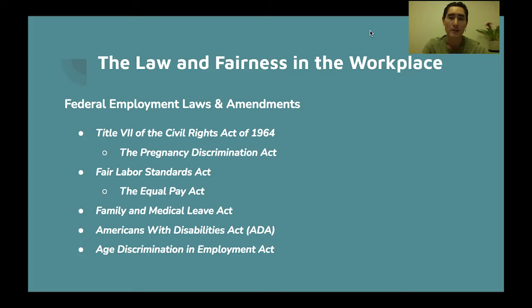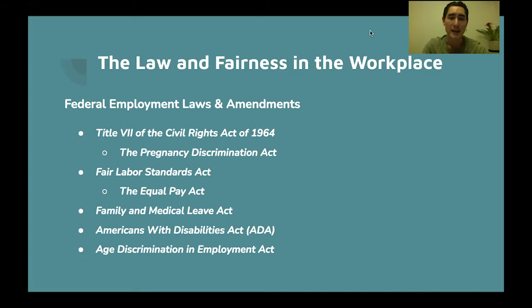It governs applicable salary and overtime requirements set out by the federal government. The Equal Pay Act of 1963 amends the Fair Labor Standards Act by prohibiting sex-based wage discrimination between men and women in the same establishment who perform jobs that require substantially equal skill, effort, and responsibility under similar working conditions.